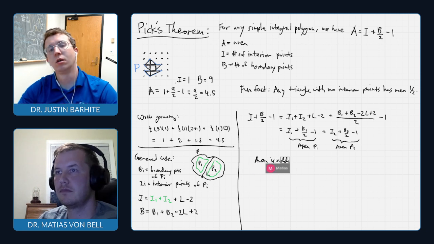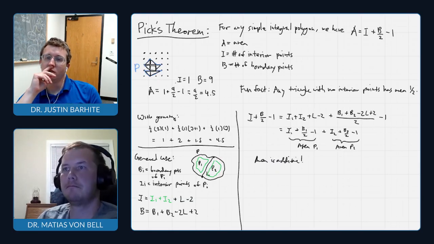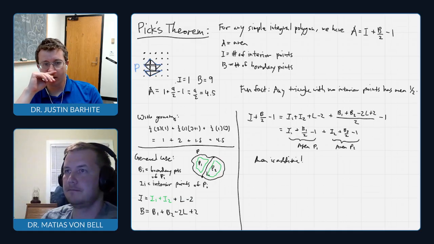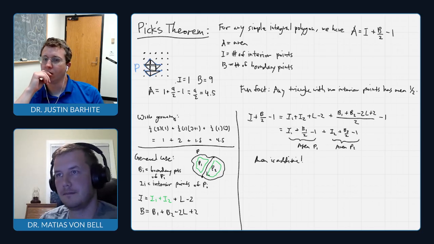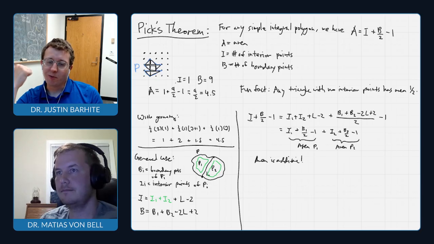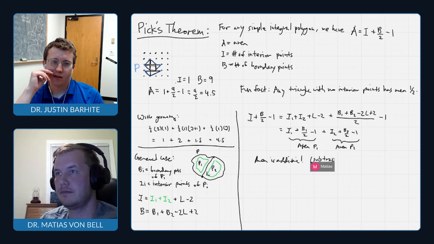It feels like the only thing that's missing is an argument that any simple integral polygon can be decomposed into an almost disjoint union of grid aligned rectangles and rectangular triangles. Because we just did an inductive step, basically. We did our two base cases.